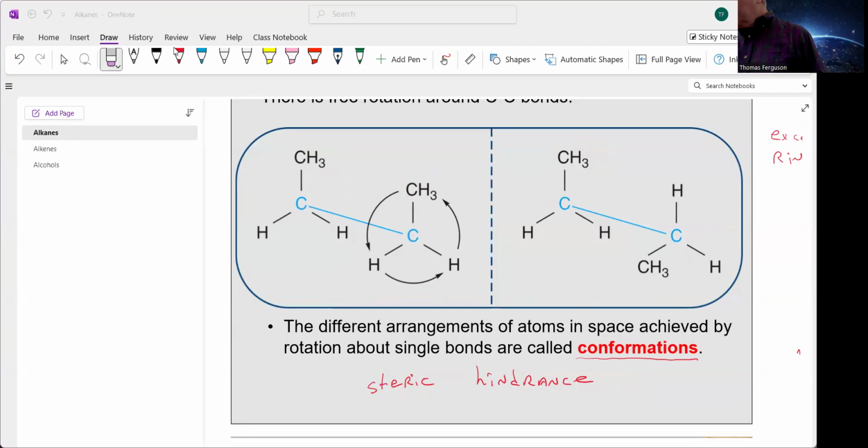We're looking at these two molecules: 4 carbons, and the two middle carbons are connected with a single bond, meaning they freely rotate. Between these two versions, the one on the right is rotated a little bit.